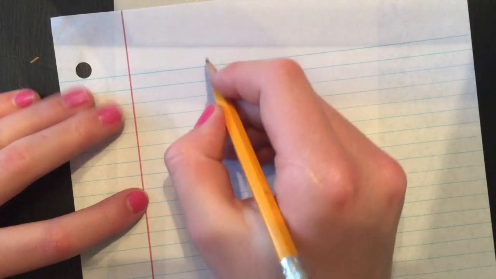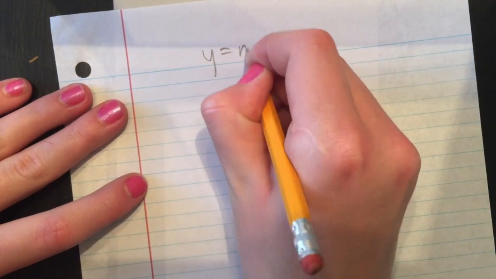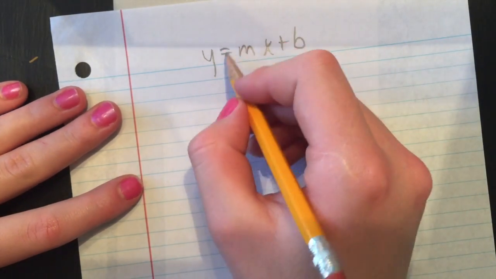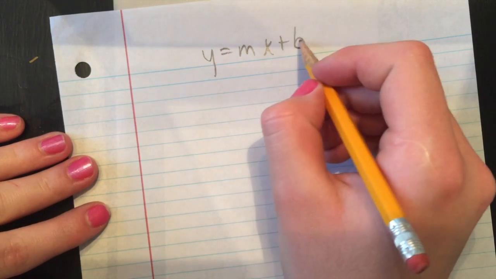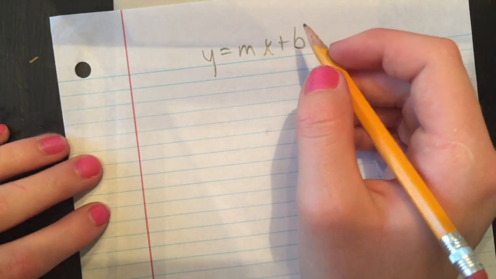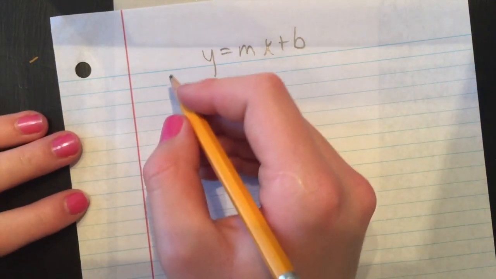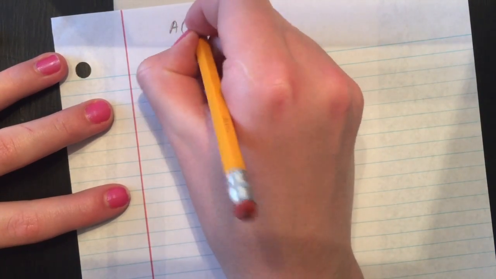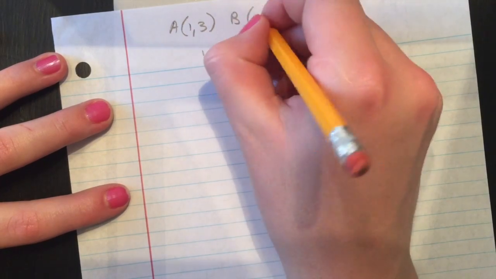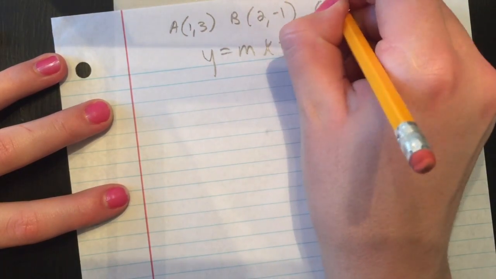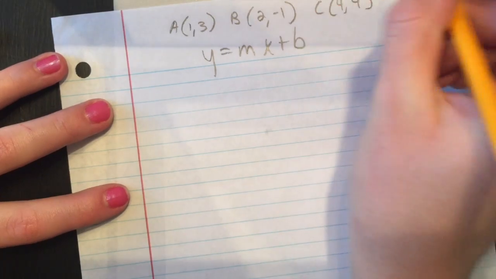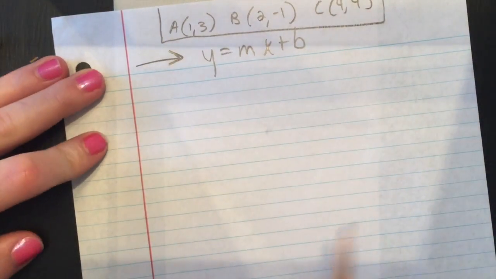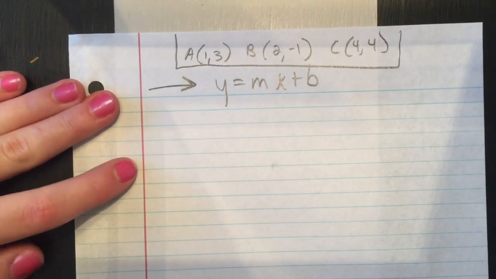So remember, I'm going to just draw this real big up here: y equals mx plus b. Alright, y, m, slope, x, and b. Okay, so BC and AC. Let's not forget the points. Our points are A (1, 3), B (2, -1), and C (4, 4). Okay, so here's our points, here's our formula. Do not forget. Let me move this down.